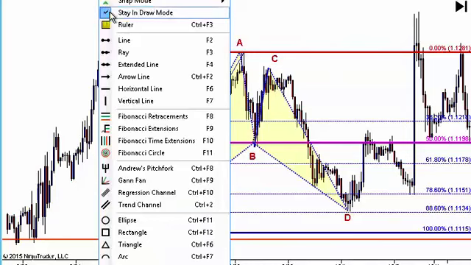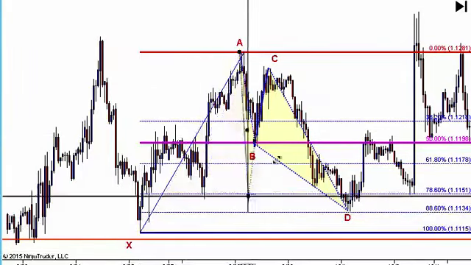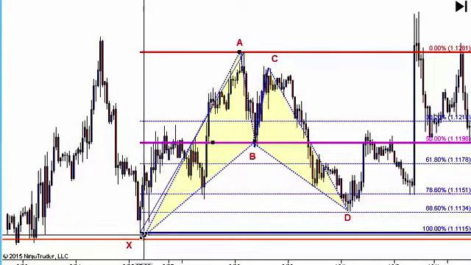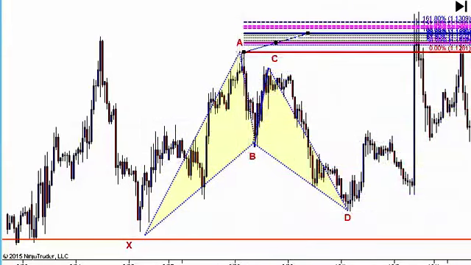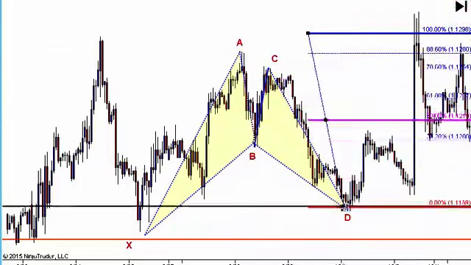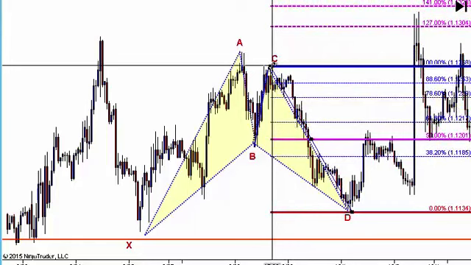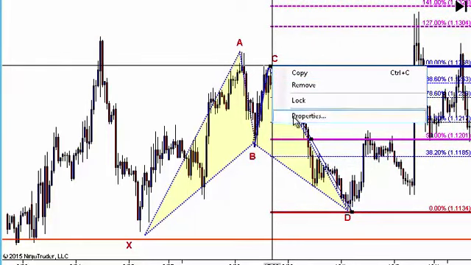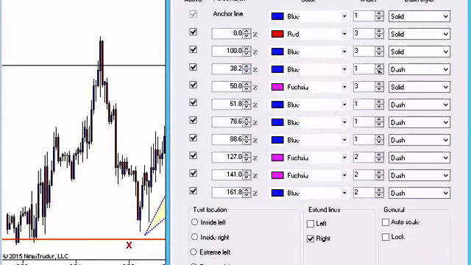In terms of targets, what I like to do is we look at the 38, 62, and 100% of the CD swing. In this case, we have the 38. We'll increase that. We'll show the 62%.